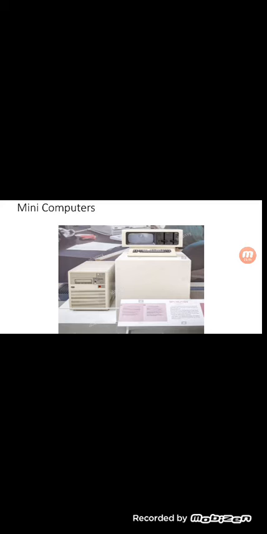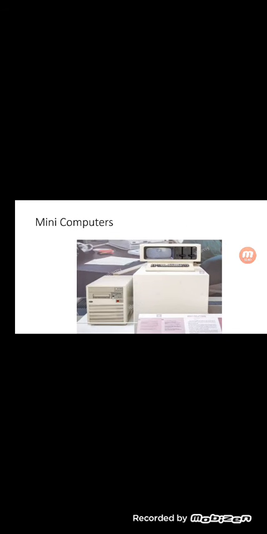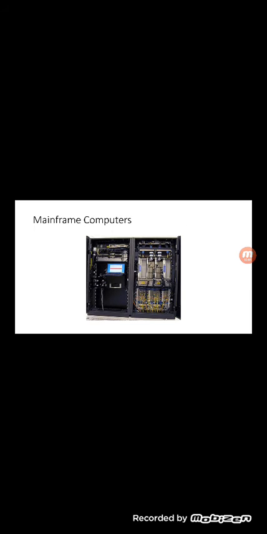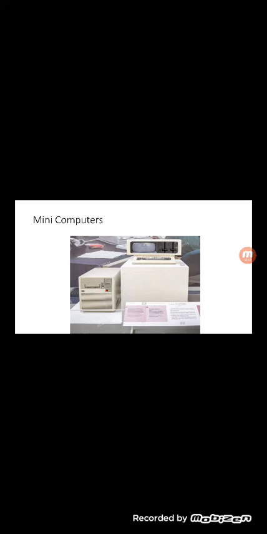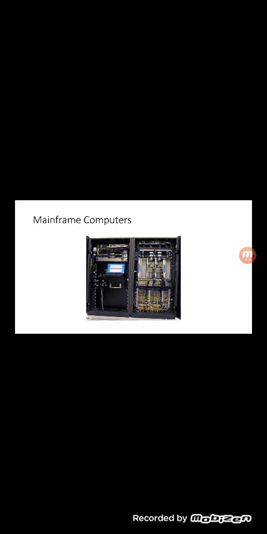If we compare this mini computer to our mainframe computer, you can easily recognize that the size of mainframe is larger than the size of mini computer. It is clear from its name, mini means small, so it is smaller in size as compared to mainframe computers.